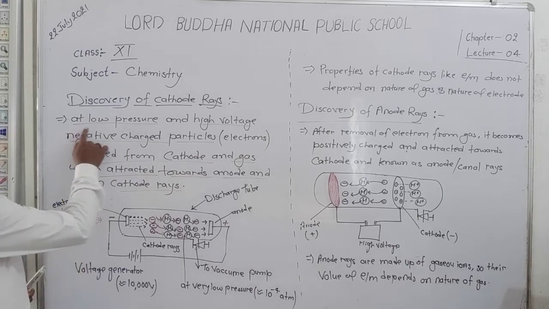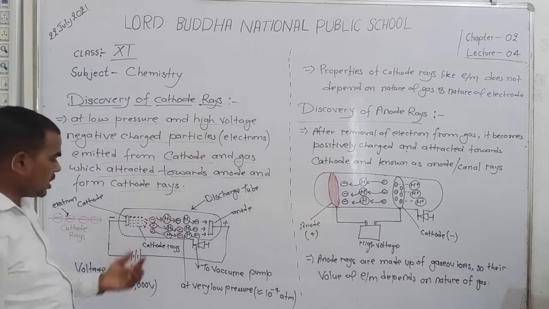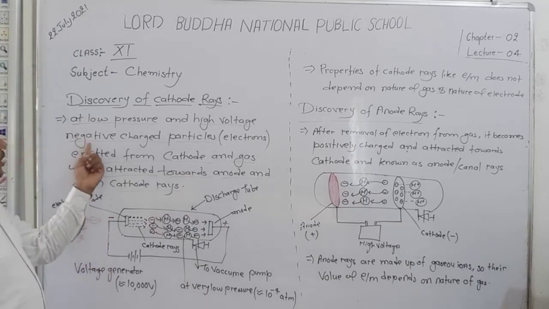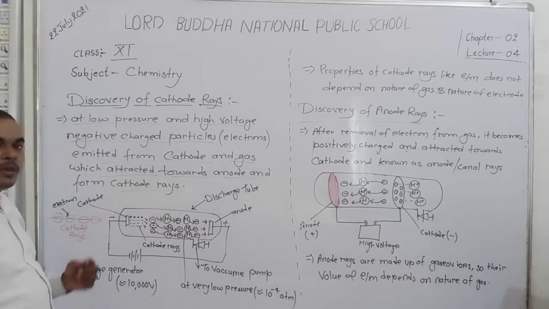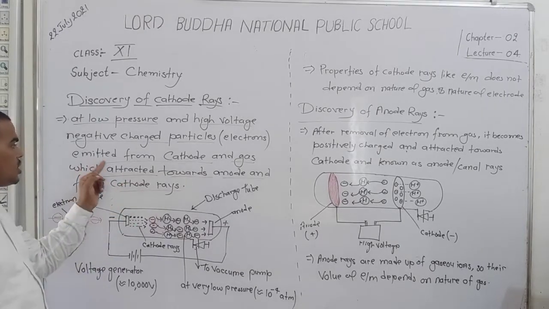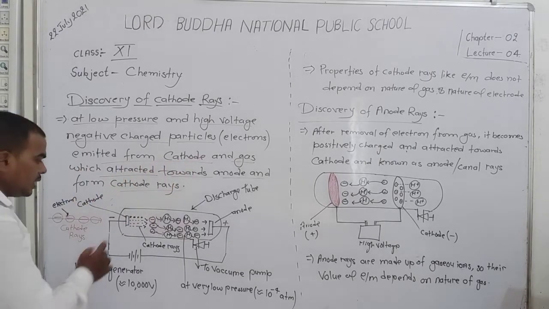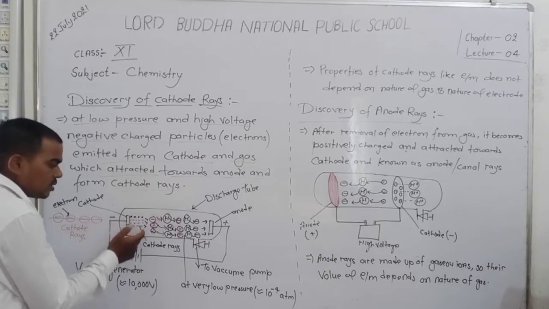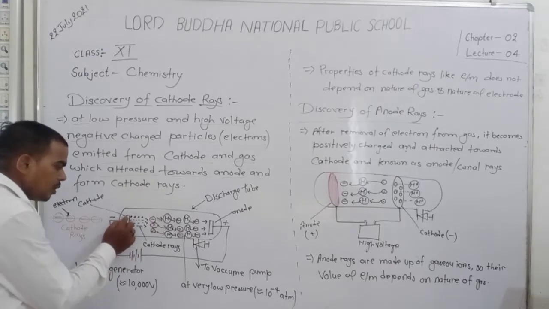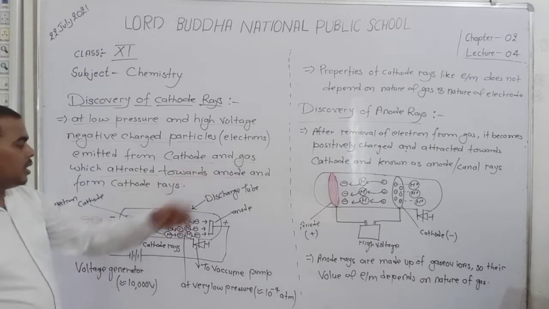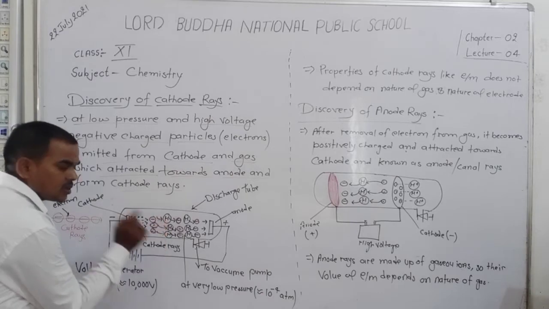Again, at low pressure and high voltage, negative charge particles, that means electrons, are emitted from the cathode. Here, negative charge particles, that is electrons, are generated from the cathode plate and from the hydrogen gas.